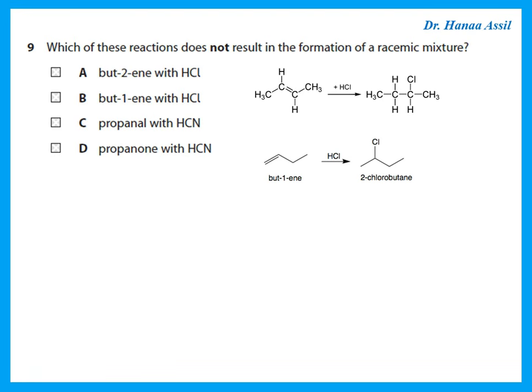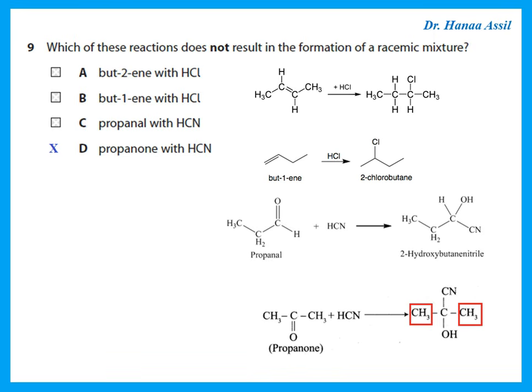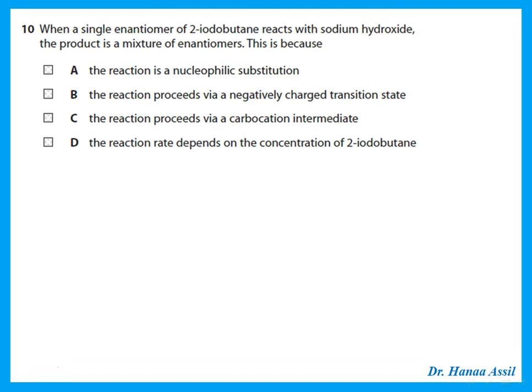But-1-ene with HCl will give a chiral center, and the double bond is planar, so I will have both optical isomers that form a racemic mixture. Propanal with HCN. Yes, I have a chiral center. Propanone with HCN. No, I don't have a chiral center because the carbon is bonded to 2 similar methyl groups. So this will not give something that is chiral. It will not give a racemic mixture.